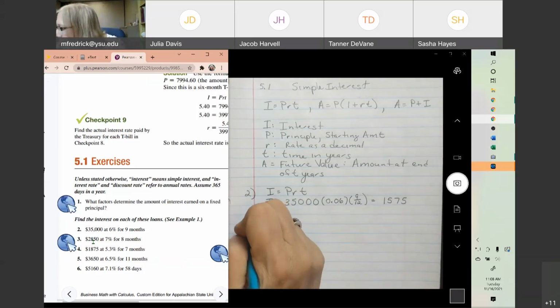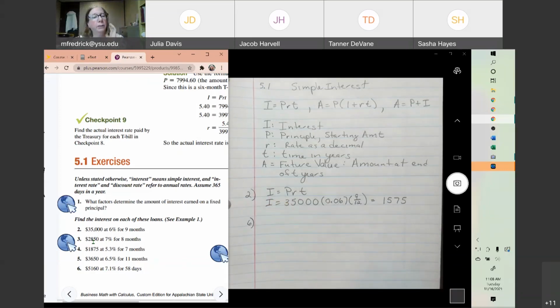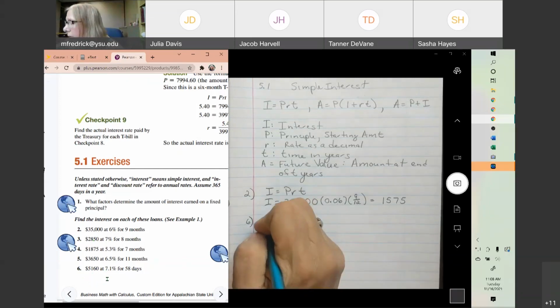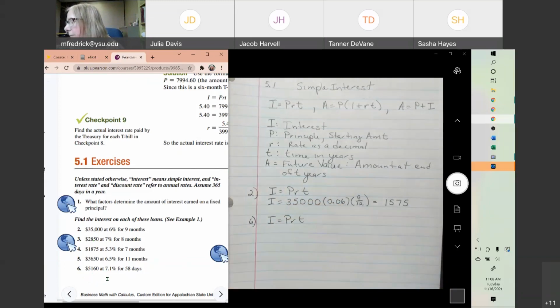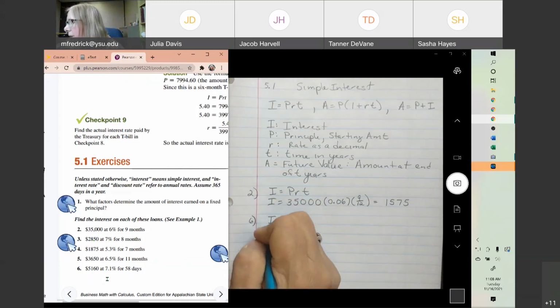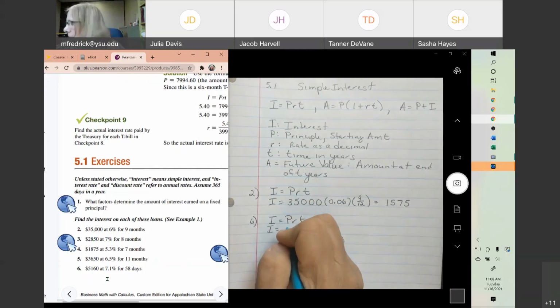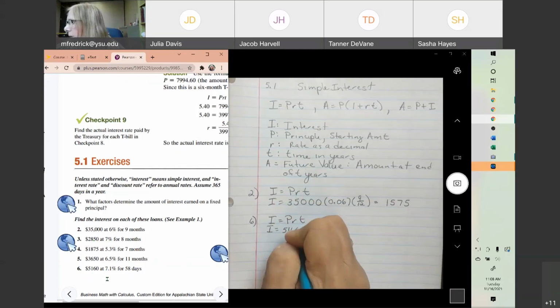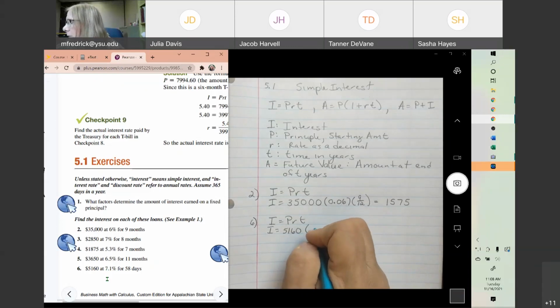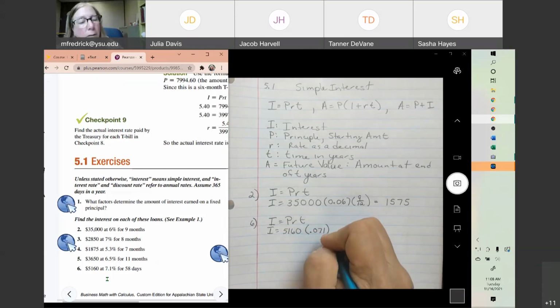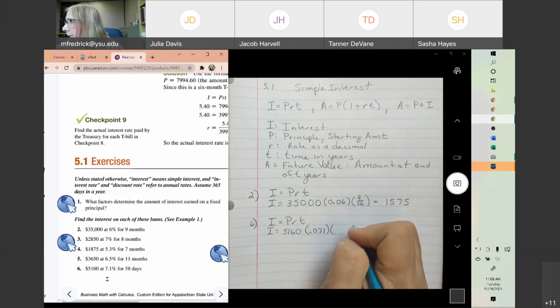Number 6. No questions? Okay, let's try number 6 again. It's asking for the same thing, but it's going in days. So we're still looking for interest. I equals, we're starting with 5160 times our rate, and then 58 days.